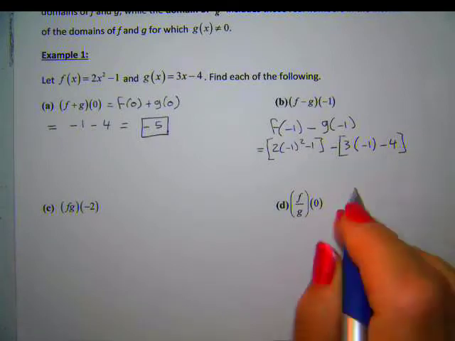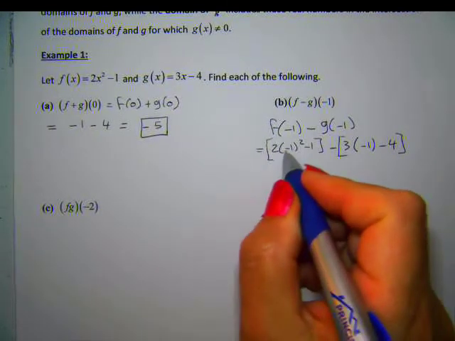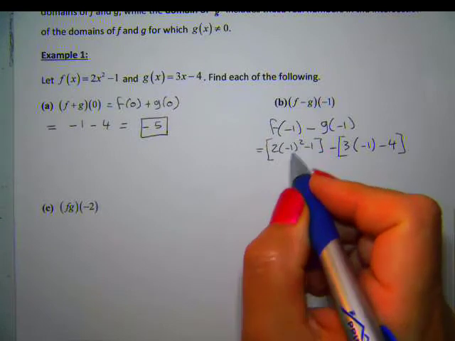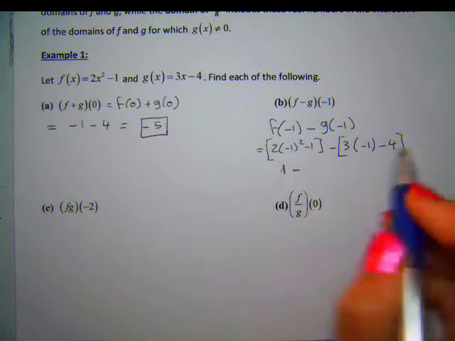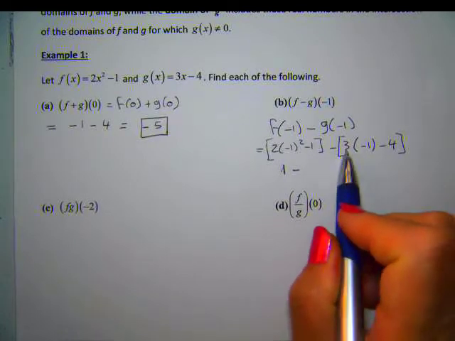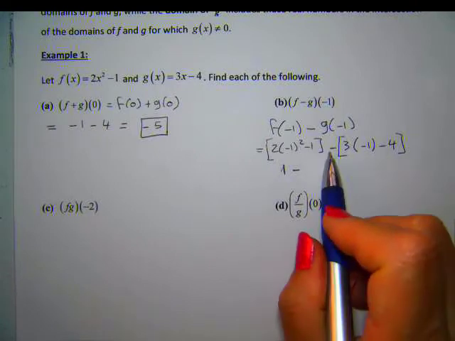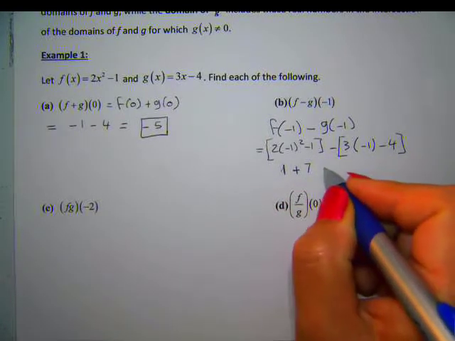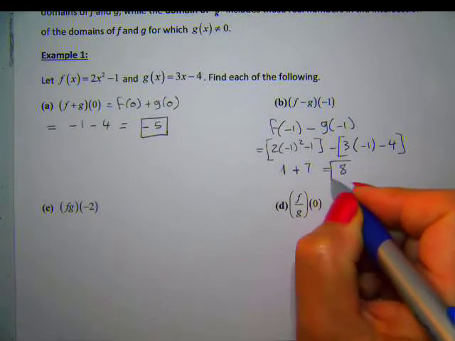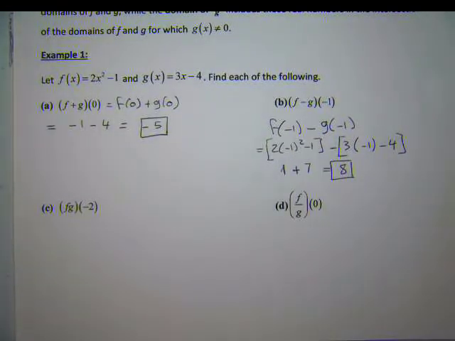I decided to show more detail here. So negative 1 squared is 1, 2 minus 1 is 1, minus 3 times negative 1 is negative 3, minus 4 is negative 7. Then the opposite of that is positive 7, so that will be 8. So that's the value of f minus g of negative 1.